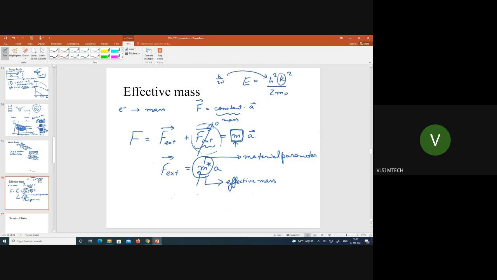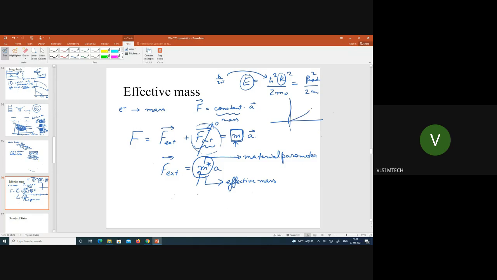This is called the wave number. This is the energy. So this is how we represent. It's nothing but P is for momentum, momentum squared by 2m. So this is just an aside, just for your information.